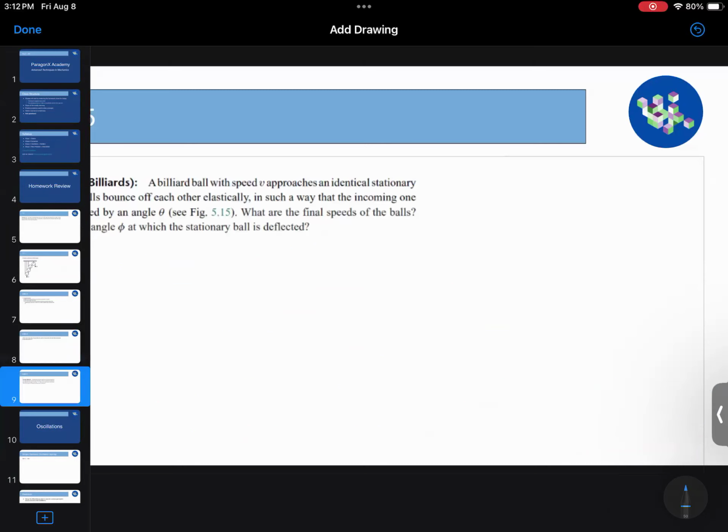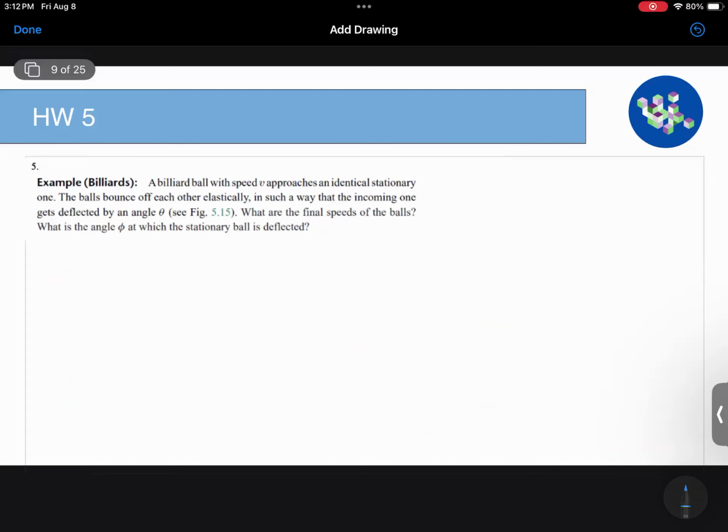All right. Final problem. This one shouldn't be too hard. The overall idea is just write your momentum conservation equation and then also write your energy conservation equation. After that, it's just algebra.